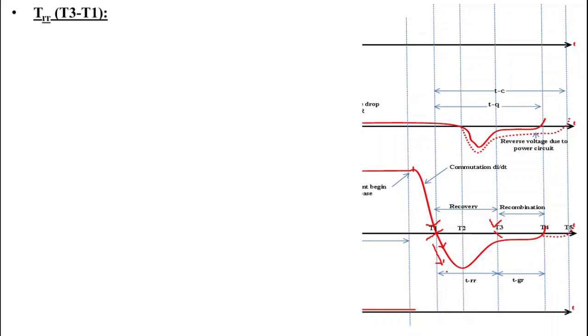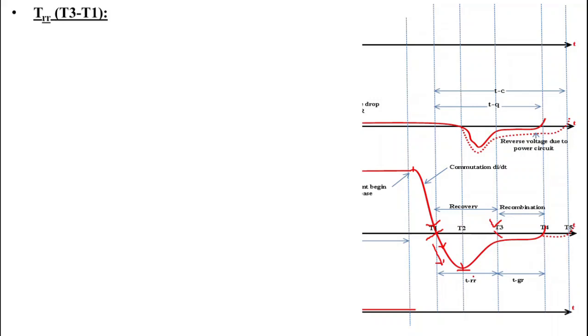This reverse recovery current flows due to sweeping out of holes from the P layer and electrons from the N layer. At time T2, around 60% of stored charges are removed from the outer two layers.